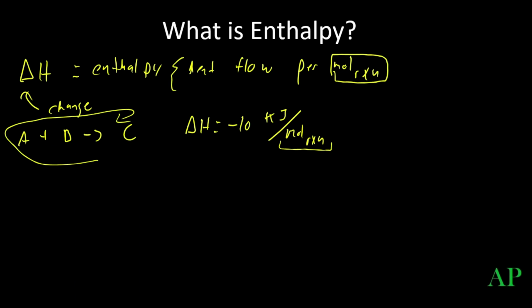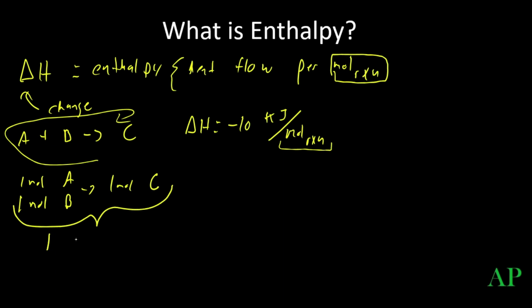So when we have 1 mole of A reacting with 1 mole of B to form 1 mole of C, this whole thing is known as 1 mole of reaction.